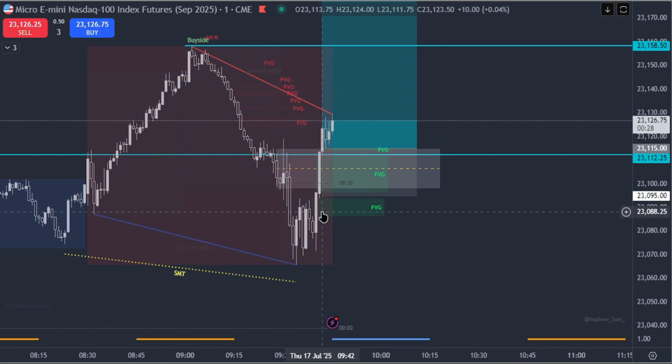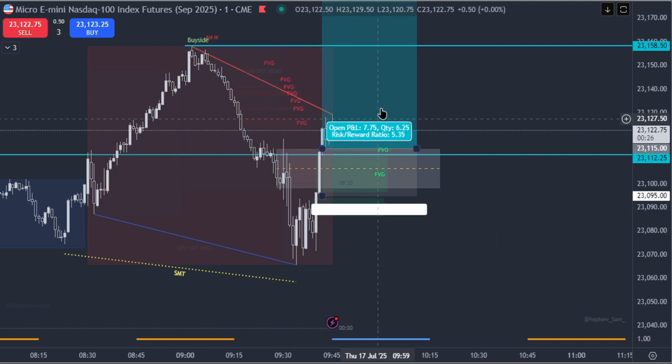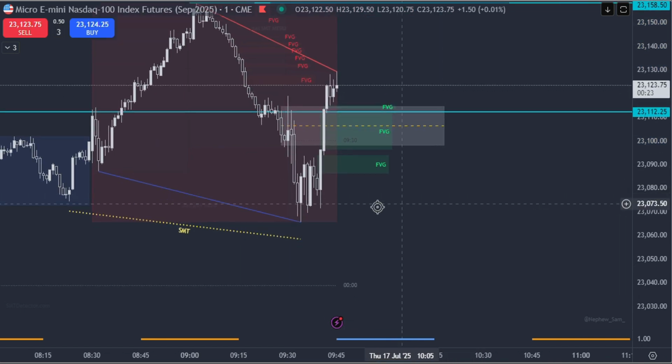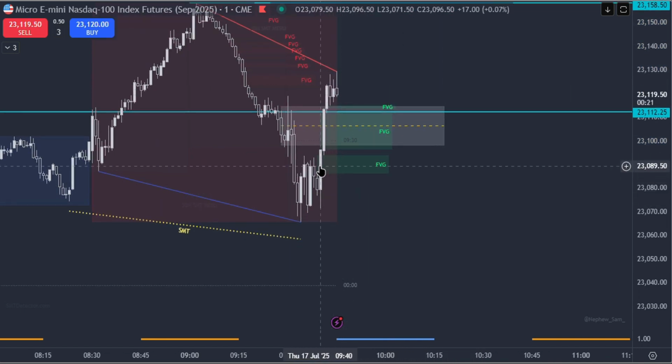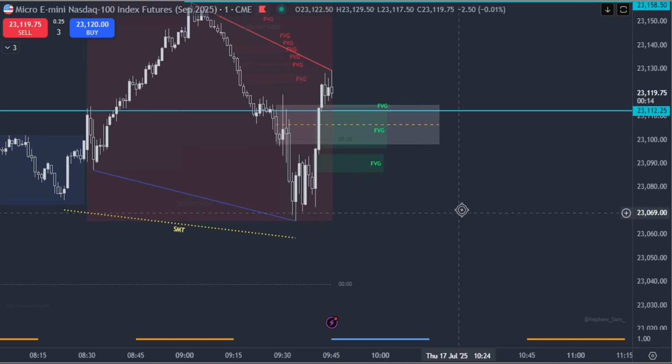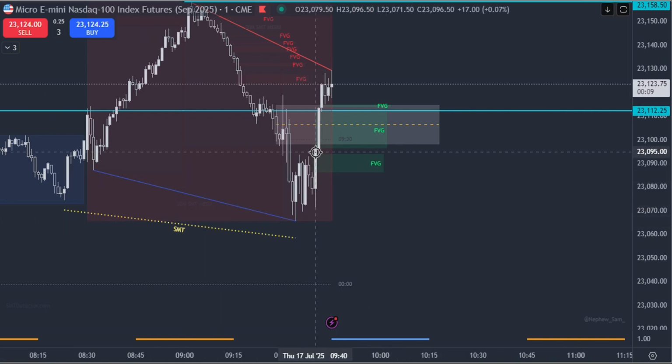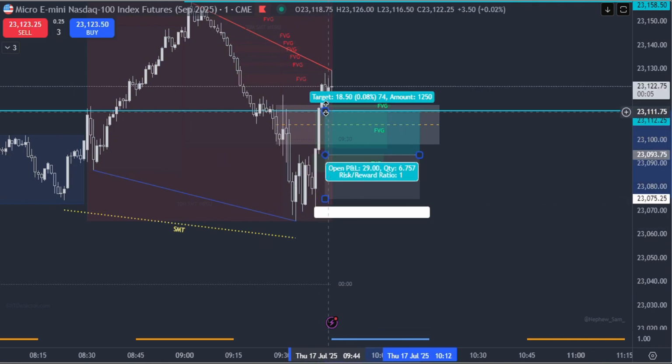These are breakaway gaps, because whenever you see something get left behind like this, these are breakaway gaps. And sometimes people miss their entry because they'll try to wait for a retracement all the way down to this fair value gap.